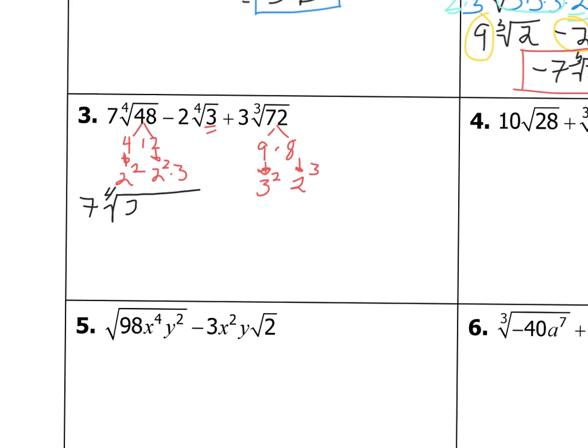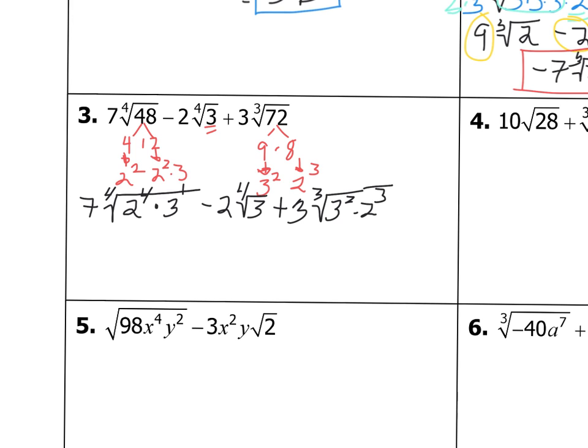So I would have 2 to the 4th times 3 to the 1st. Then minus 2 4th root of 3, and then plus 3 cube root of, and then I have 3 to the 2nd times 2 to the 3rd.